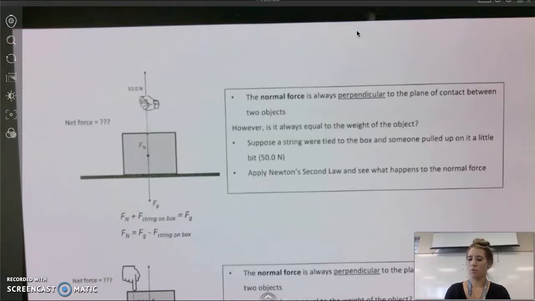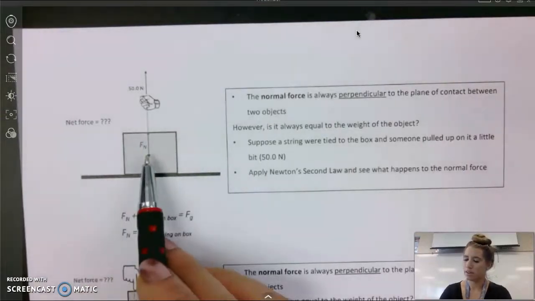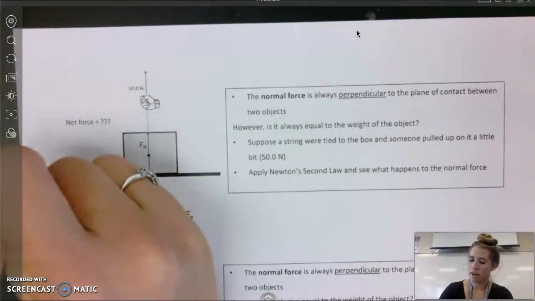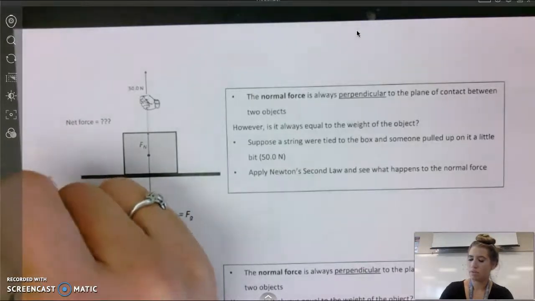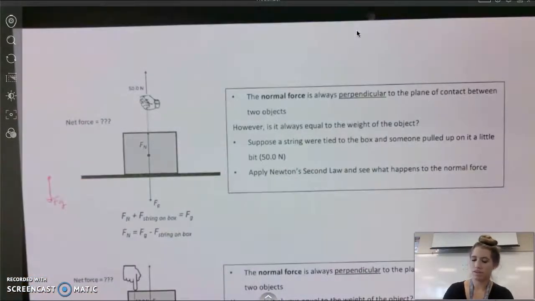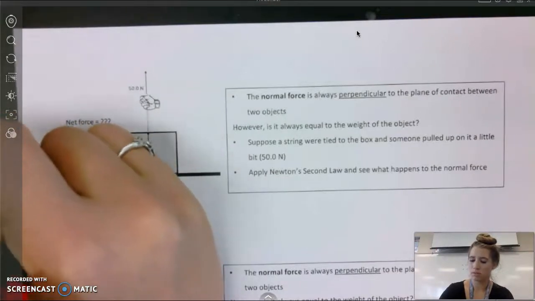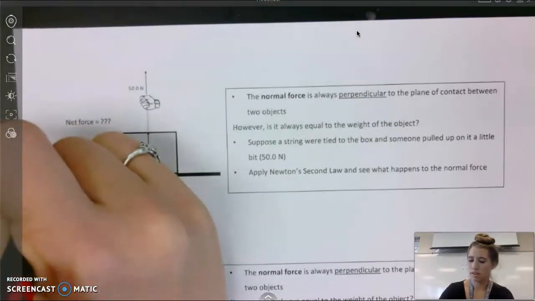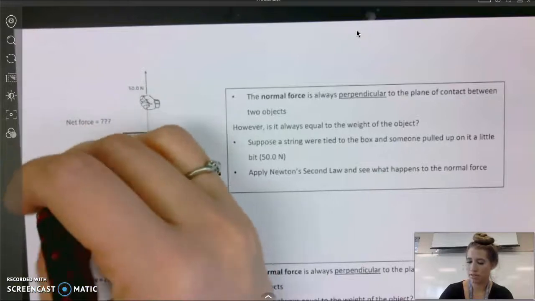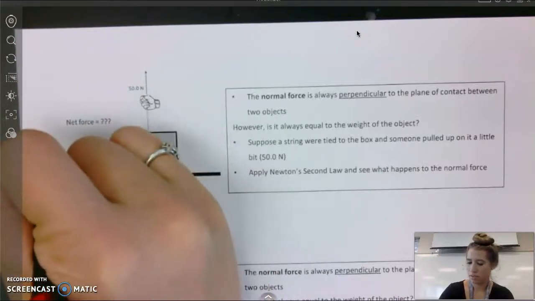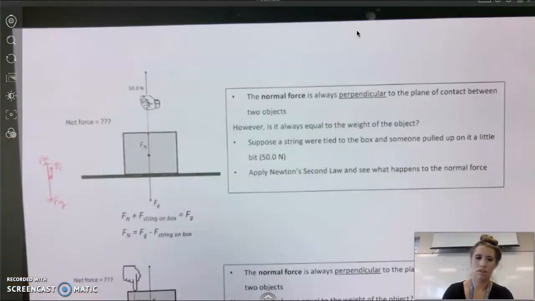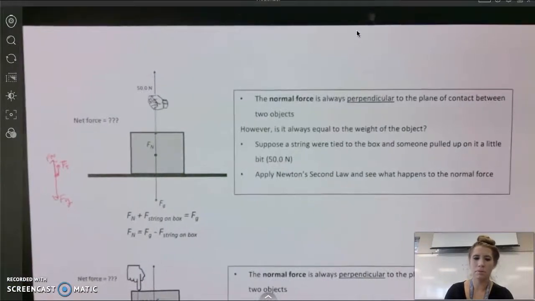And so what we would look at here is, I have my force due to gravity, and then I have a smaller normal force, and then I also have, in the same direction, force due to tension of that rope.